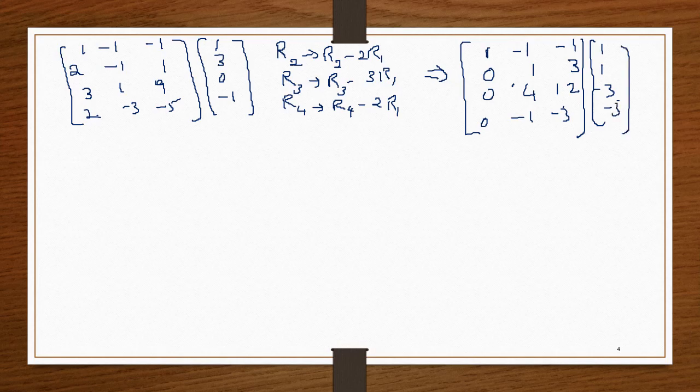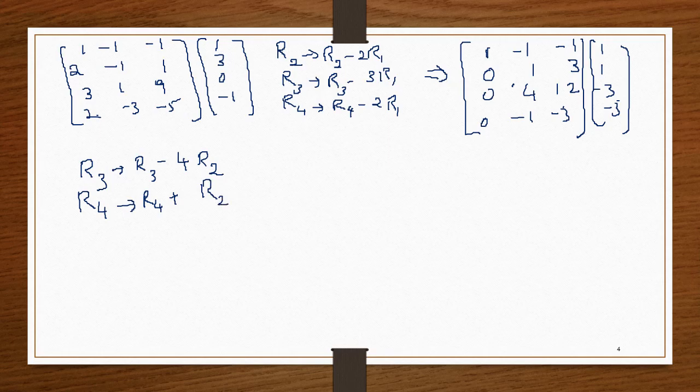Next we'll do one more row operation: R3 becomes R3 minus 4 times R2, and R4 becomes R4 plus R2.